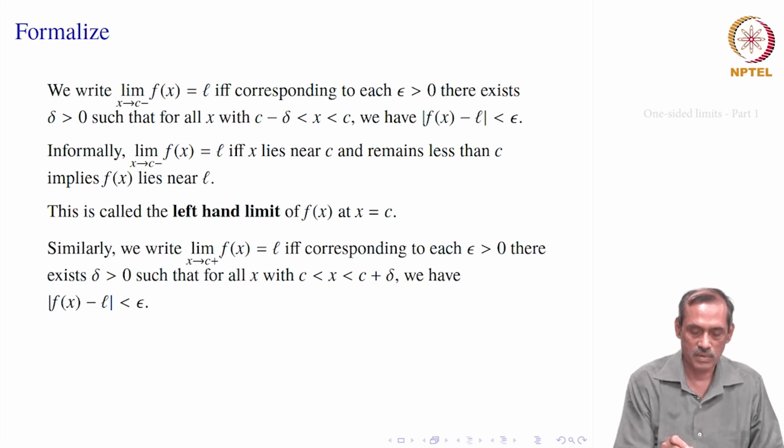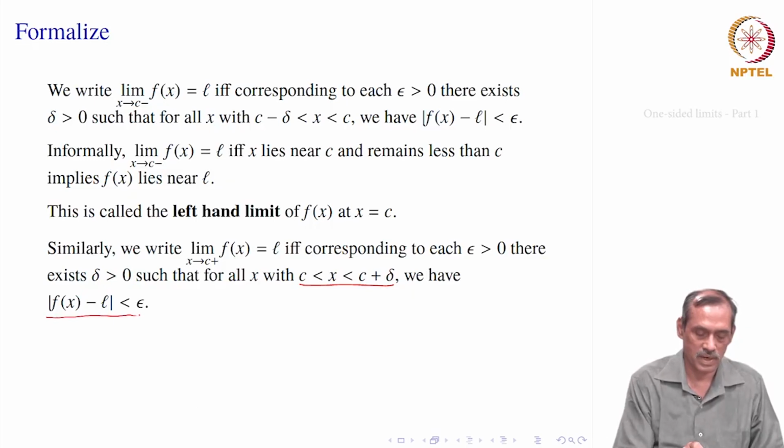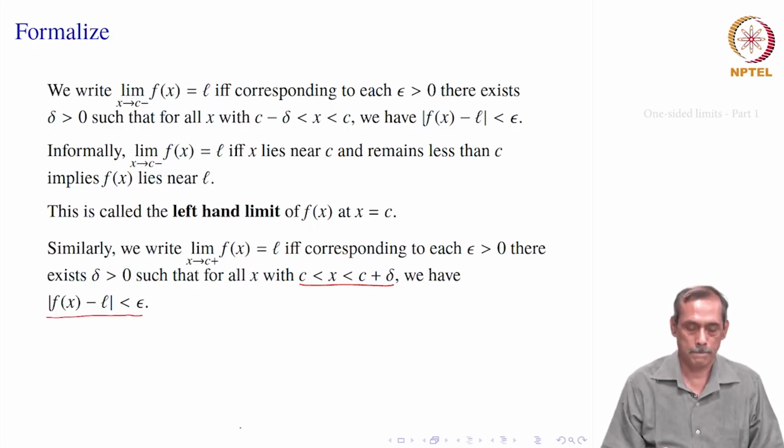So, we write limit of f of x, x goes to c plus, the right hand side limit, is L if and only if corresponding to each epsilon there exists delta such that whenever x lies between c to c plus delta, that is on the right delta neighborhood, we have the same condition, f x minus L mod less than epsilon, satisfied.